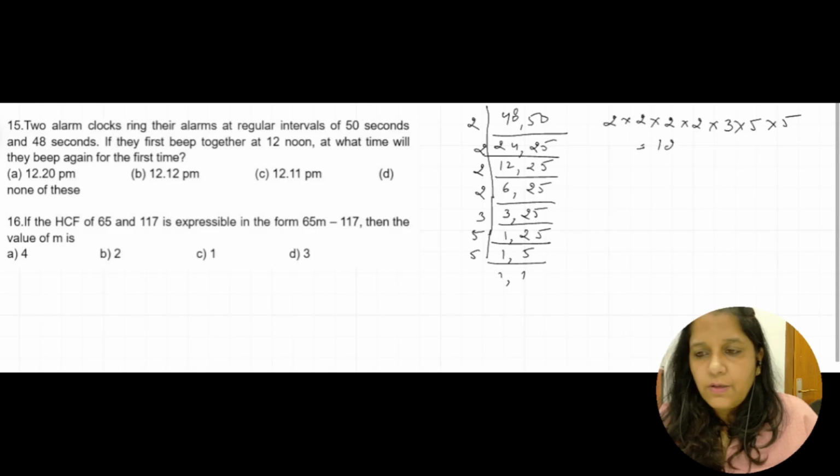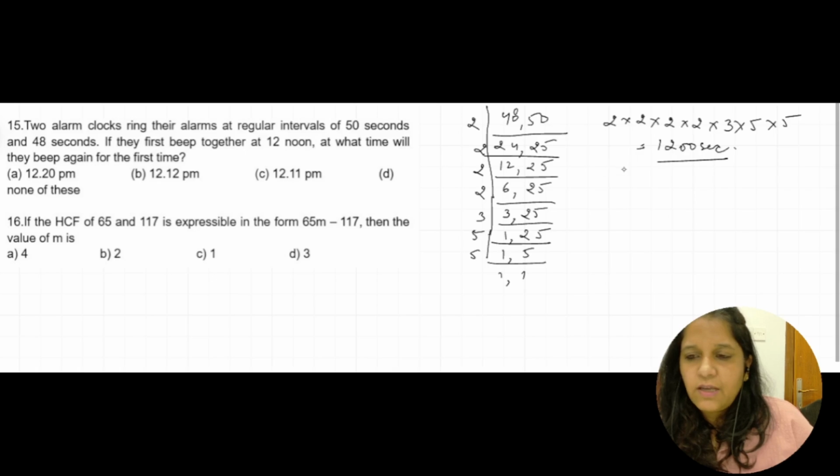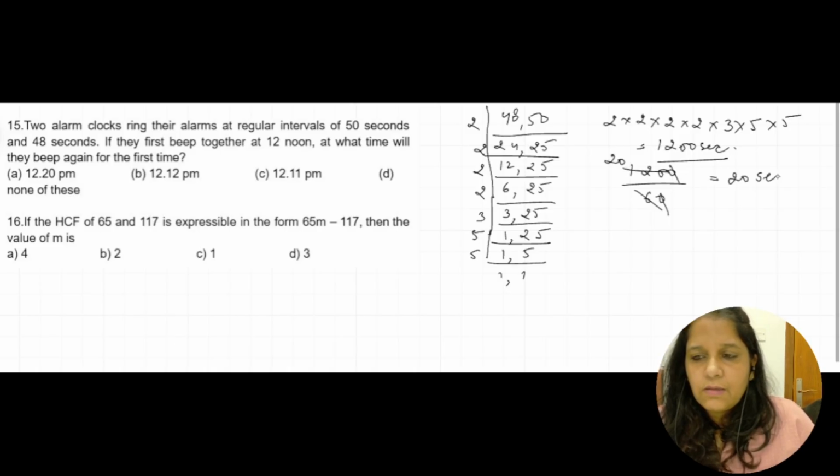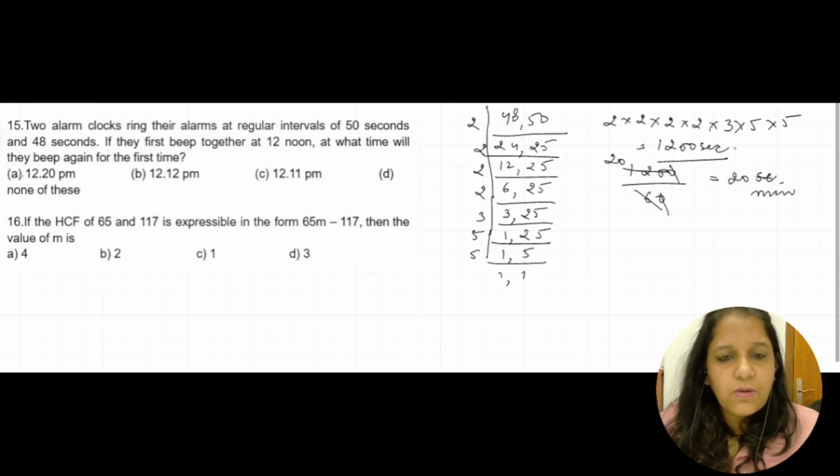So after you multiply, you're going to get 1200 seconds. Now convert this 1200 seconds into minutes. What are we going to do? 1200 divided by 60. So you'll get 20 minutes. So the answer will be 12:20 p.m.